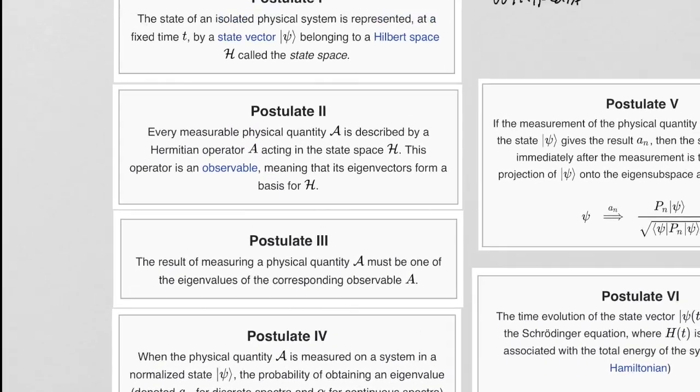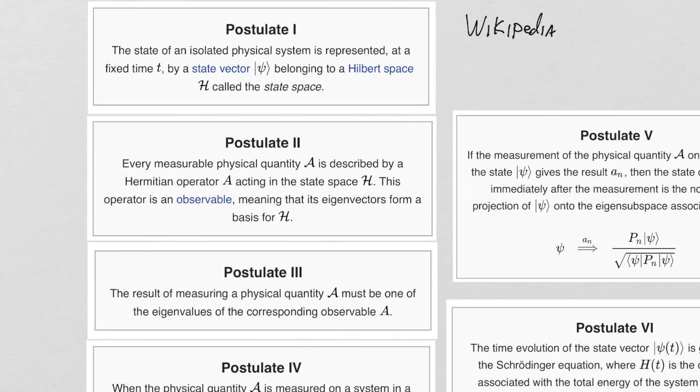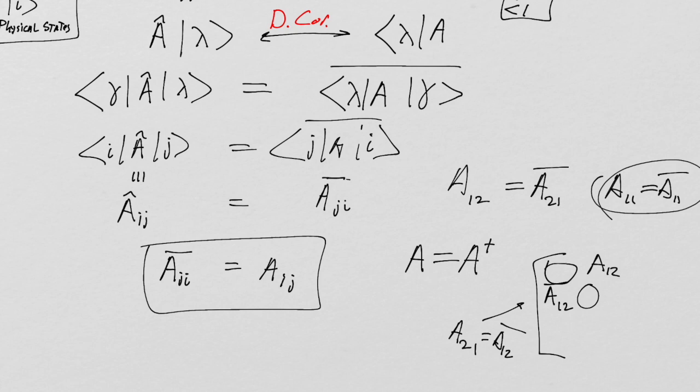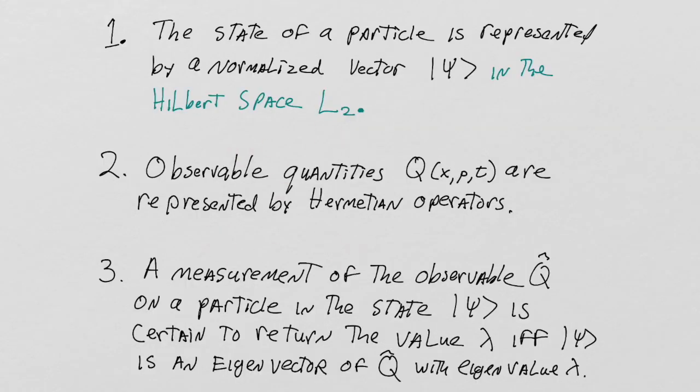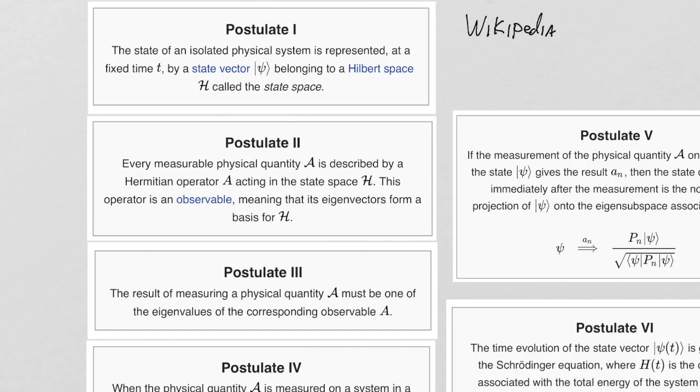There are many different versions of the postulates. Every book is different. There's no international standard on what the postulates of quantum mechanics are. But they all get at the same points, and it's interesting to compare them. I wrote down some from other books, but I don't think I'm going to use them. I'm going to use these from Wikipedia.